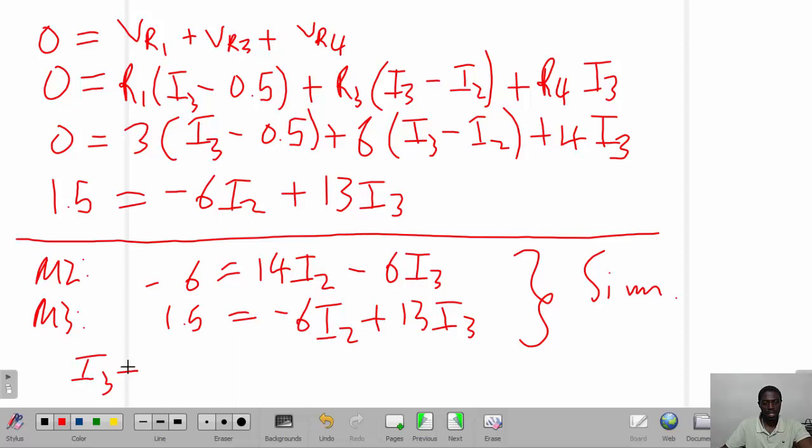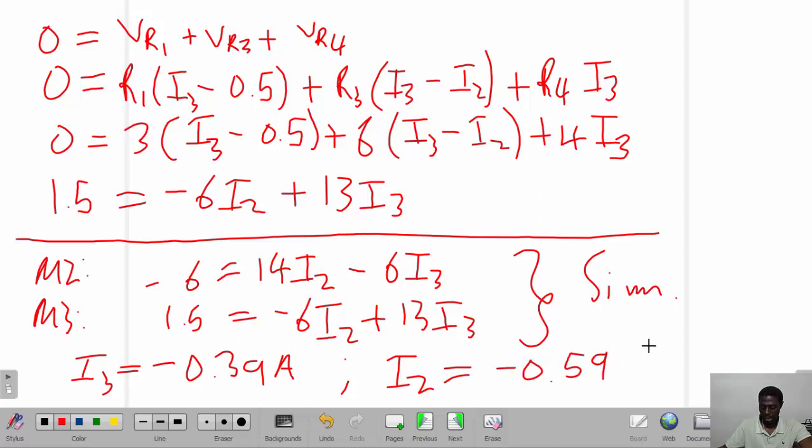I3 is going to give you minus 0.39 amps, and then you obtain our I2 to be equal to minus 0.596 amps. So you can verify this by solving simultaneously.